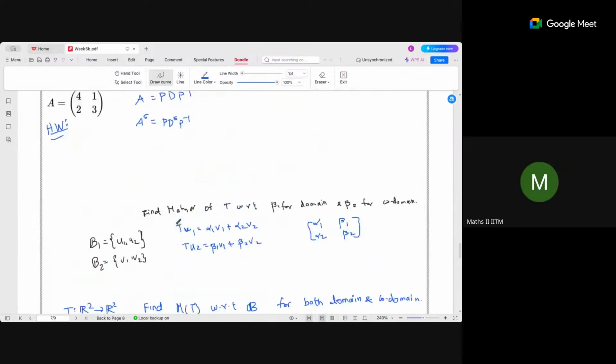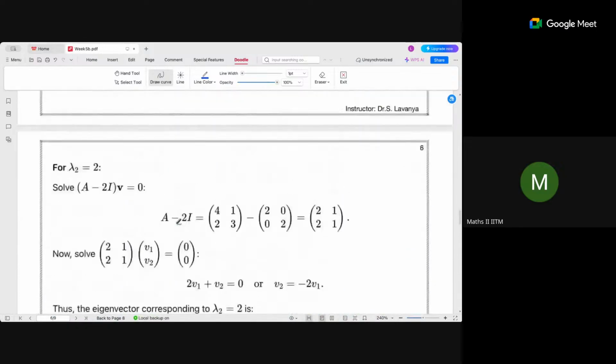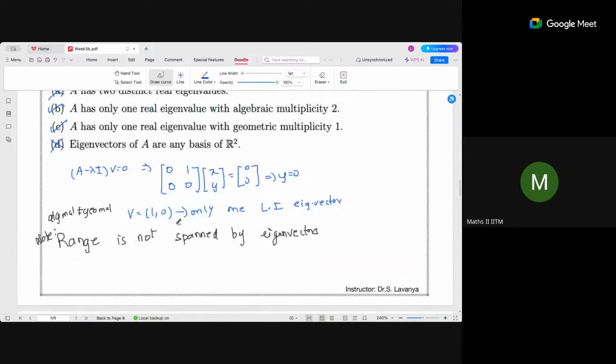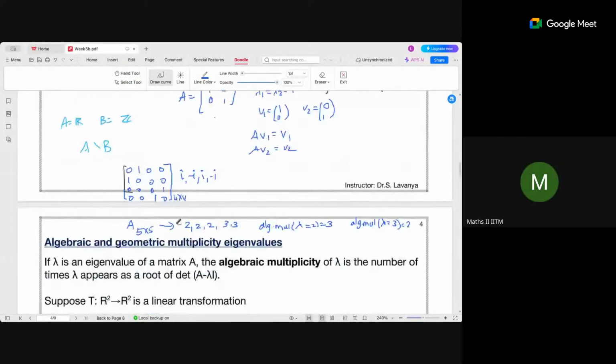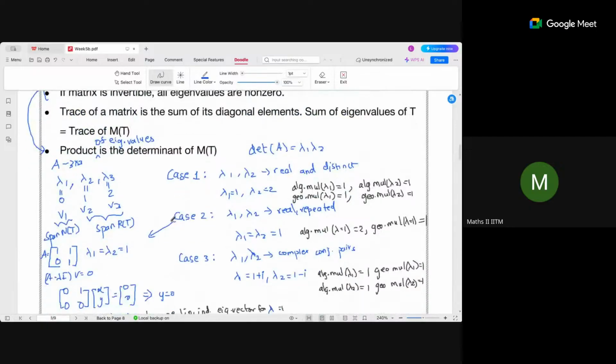For example, in the 3 by 3 matrix case, the entire R3 can be written as the span of the null space and the span of the range space, where the intersection is empty, and R3 is decomposed into these two spaces.